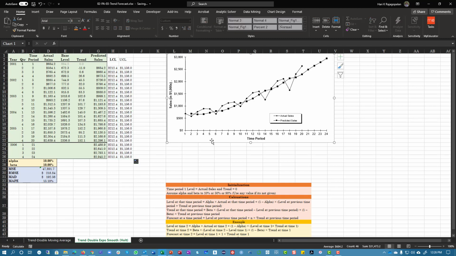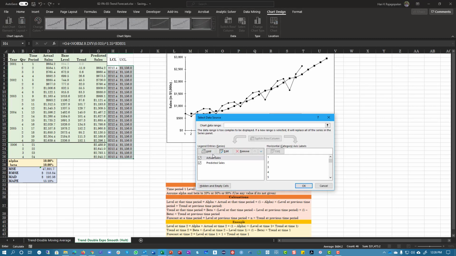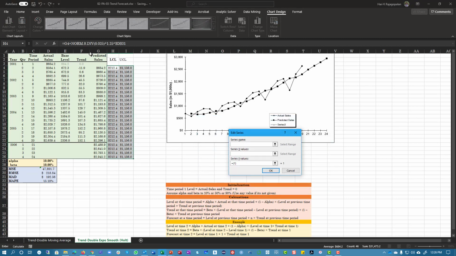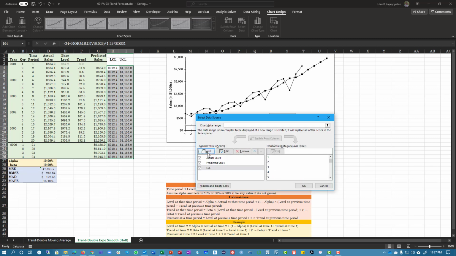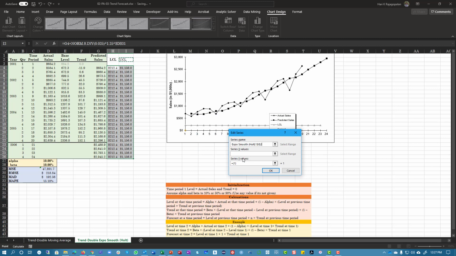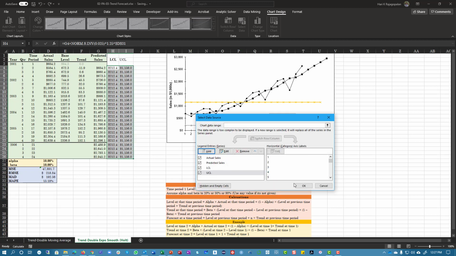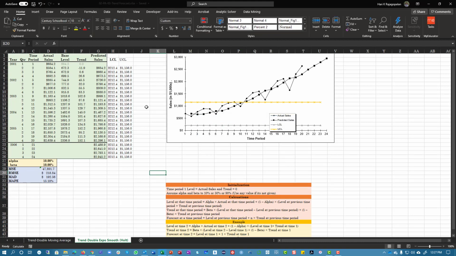And here, we can go to chart, select data, and add LCL. And we can add UCL. And you can see there is a problem because it's all flat. So let's see what's going on here.